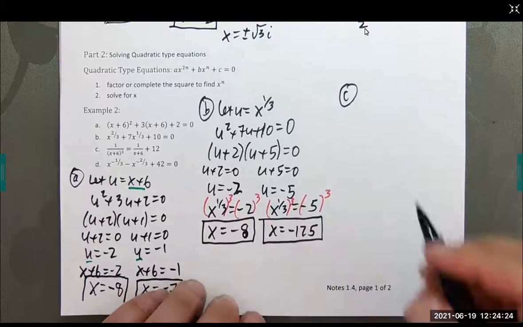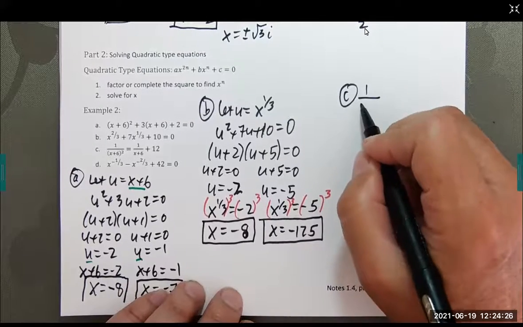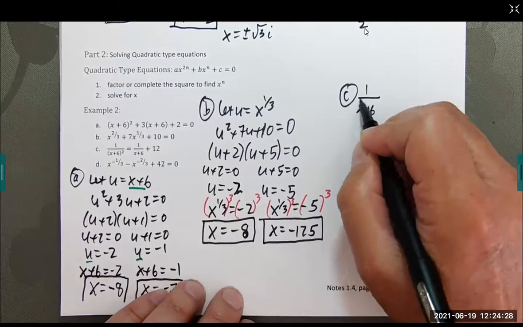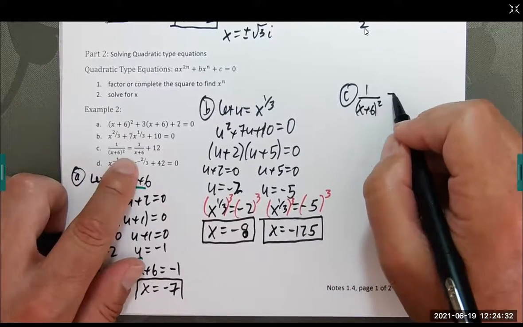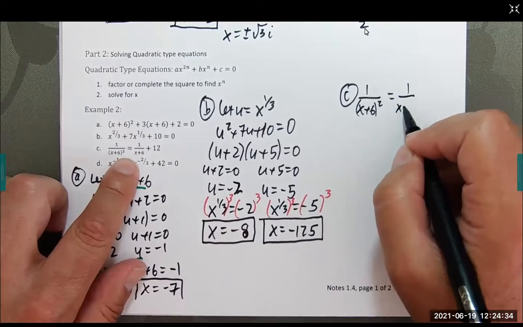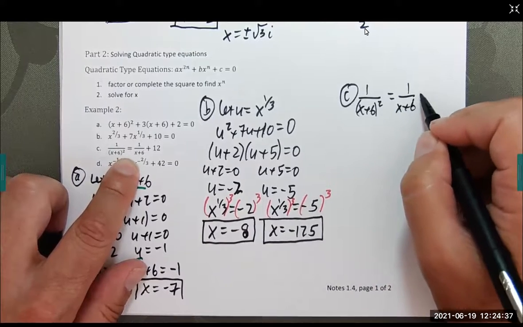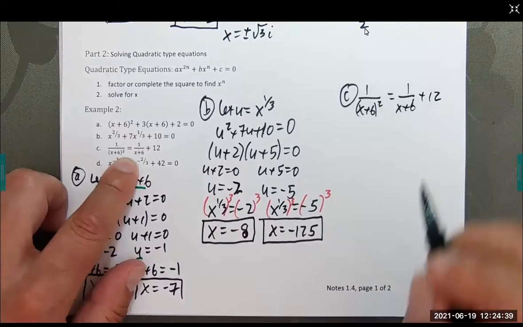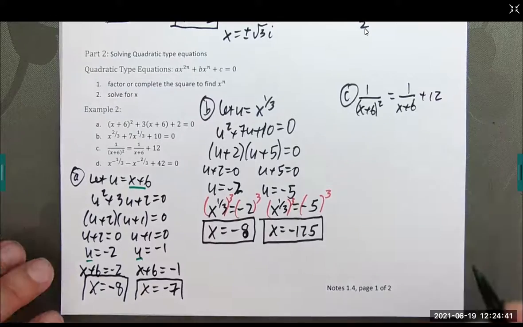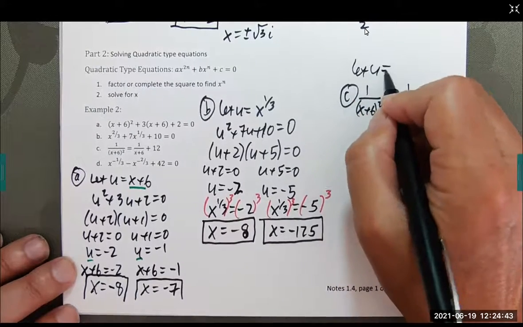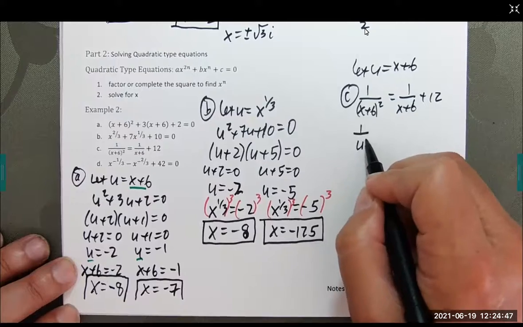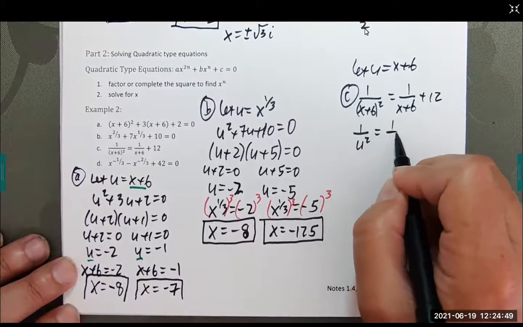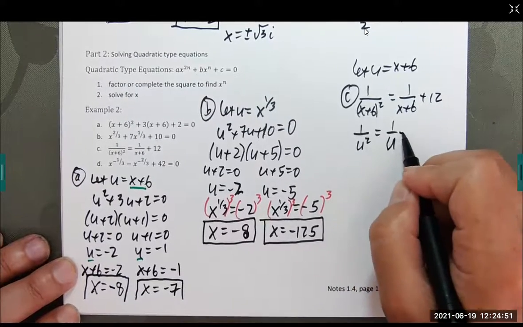Part C, we have 1 over x plus 6 squared equals 1 over x plus 6 plus 12, and I'm going to let u equal x plus 6. So I get 1 over u squared equals 1 over u plus 12.